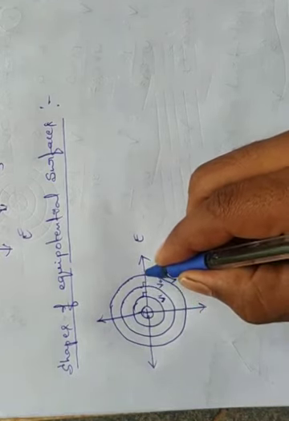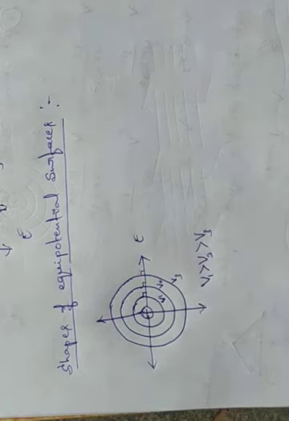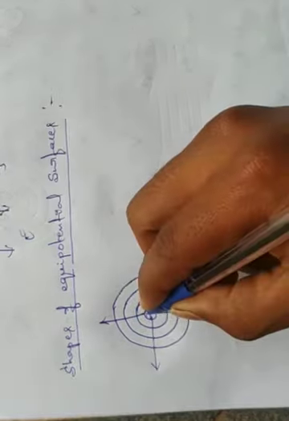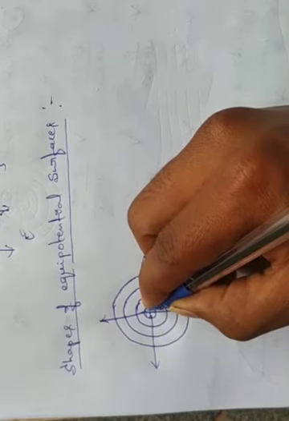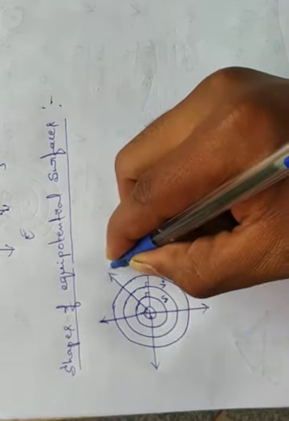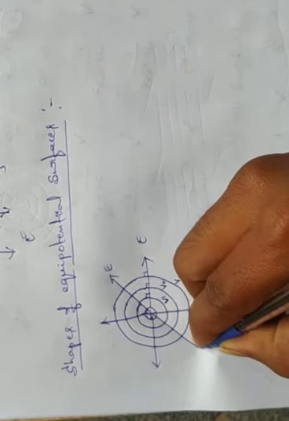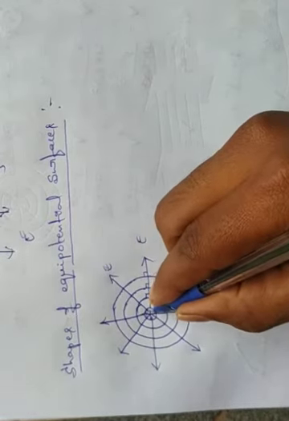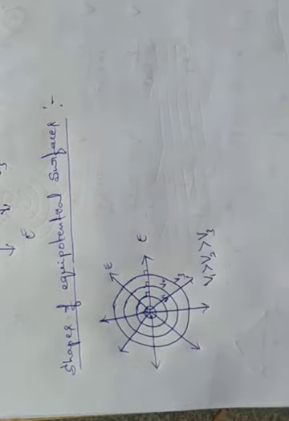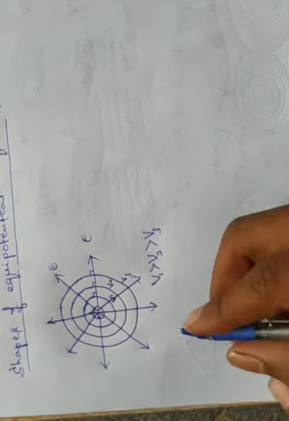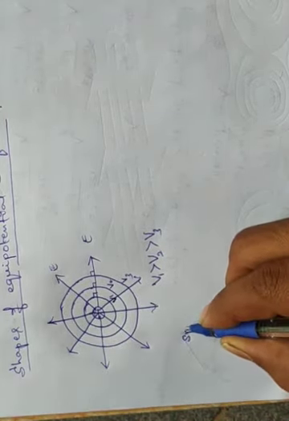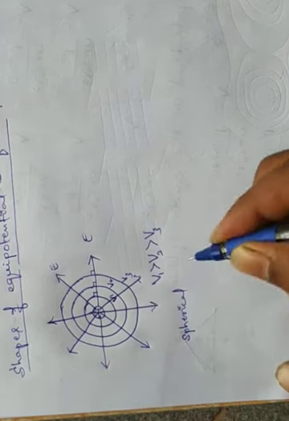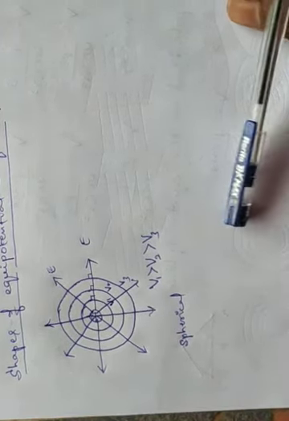You can take any direction, so the equipotential surface is at right angles to the direction of the electric field. The surface is in the shape of a sphere, so we call it a spherical equipotential surface.